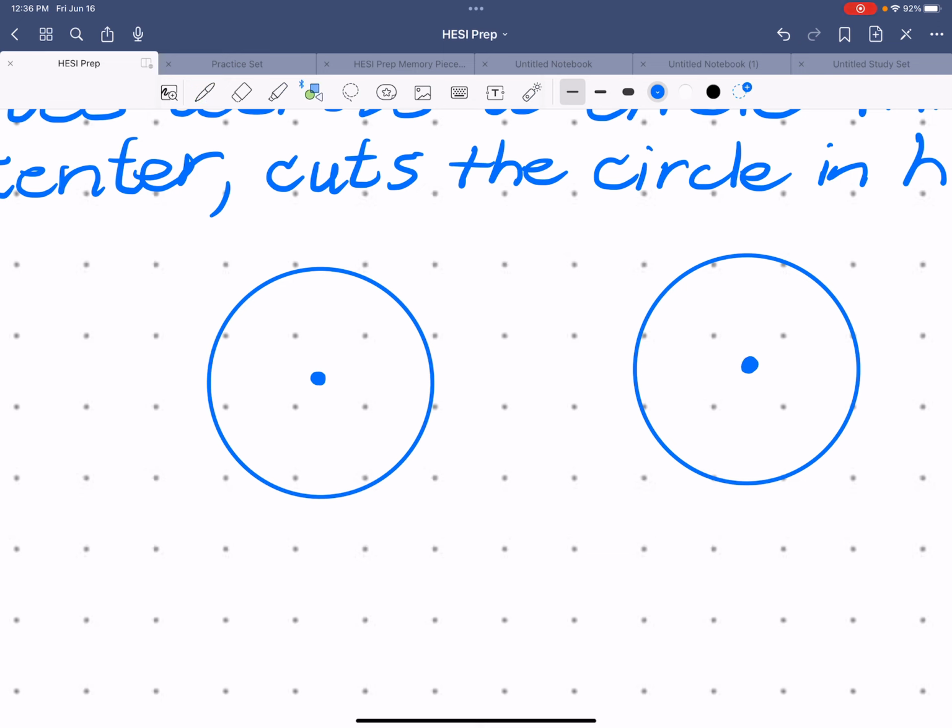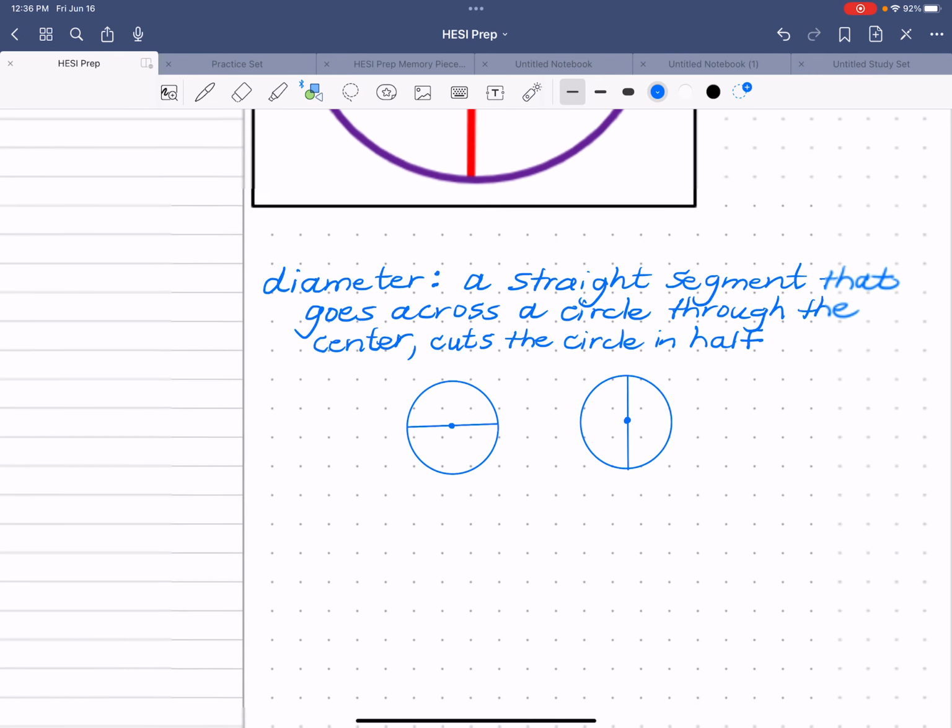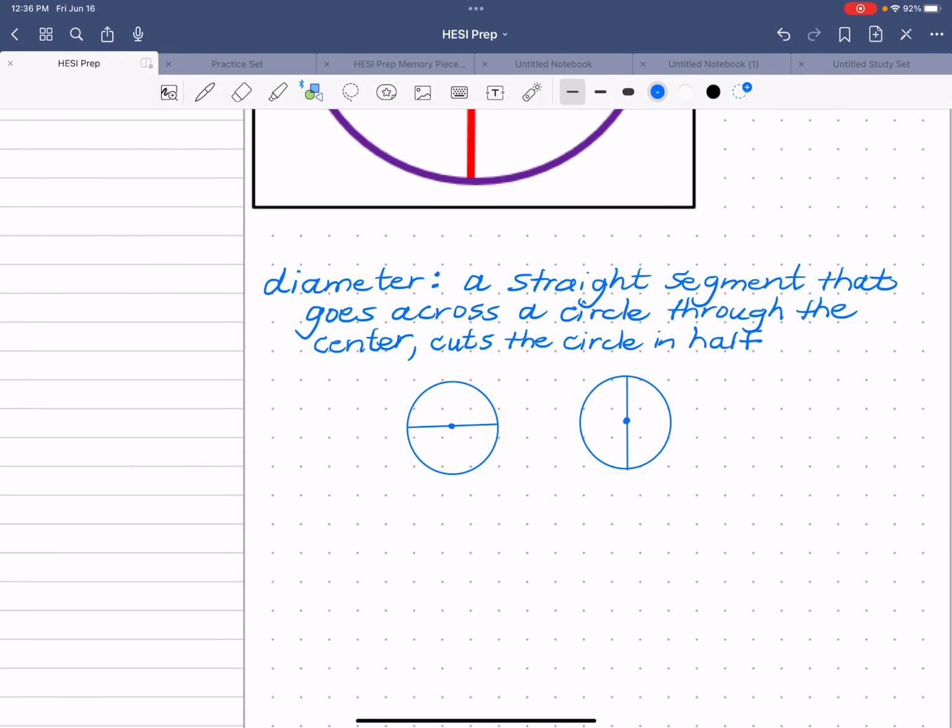So if you wanted to do it this way, you could. You could do it this way. As long as it's passing through that center point, it is a true diameter. So it doesn't have to be horizontal. It just has to pass through the center, and it has to touch the outer edges of the circle.